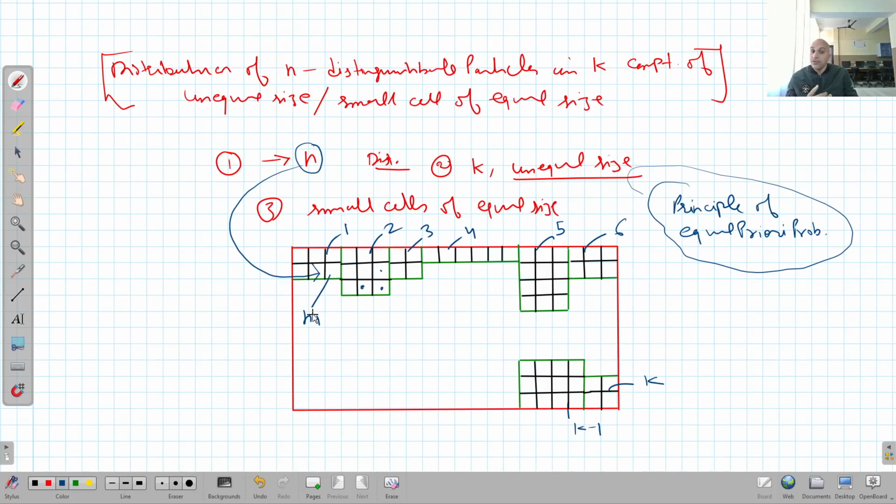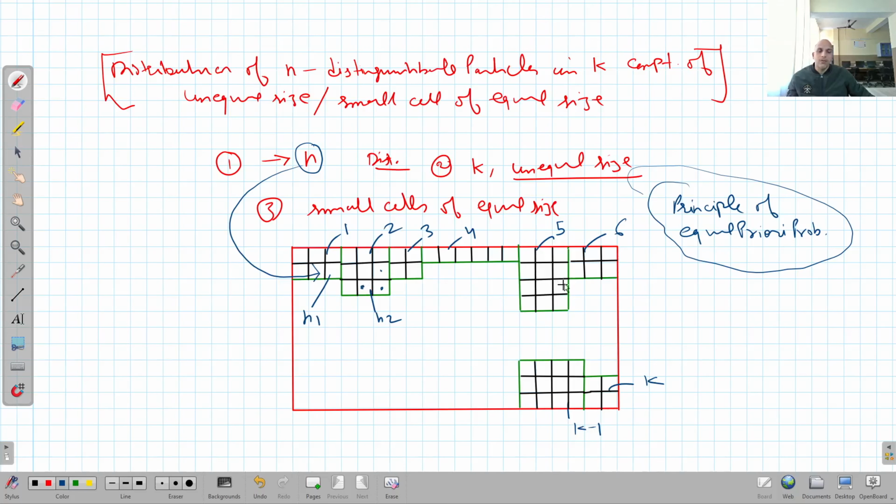Similarly, in the case of the second compartment, let the number of particles be n2. Then the n2 particles going into the second compartment will have equal a priori probability of entering any of the given small cells.